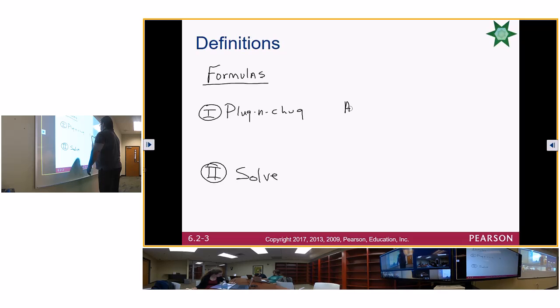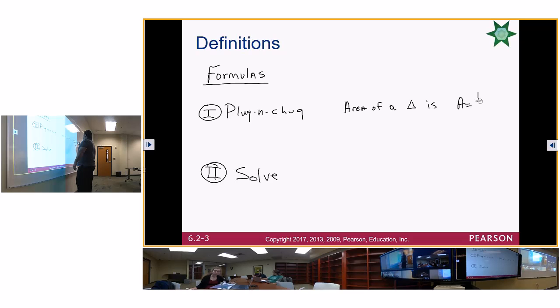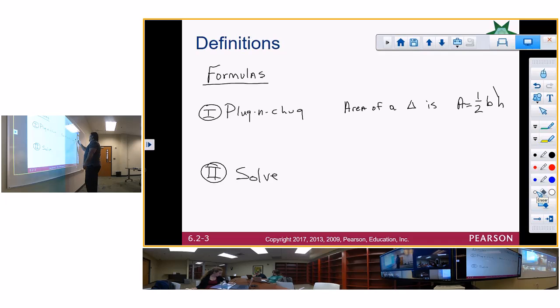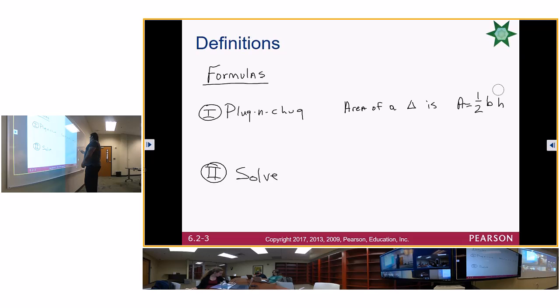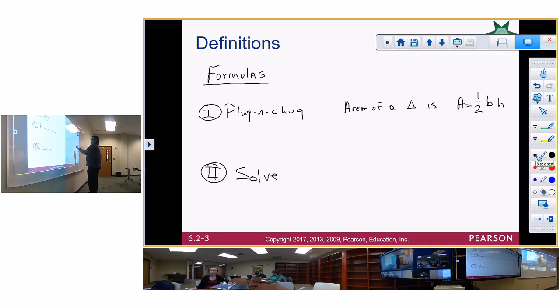Area of a triangle is area equals 1/2 base times the height. That is what we call a formula. That's a formula.